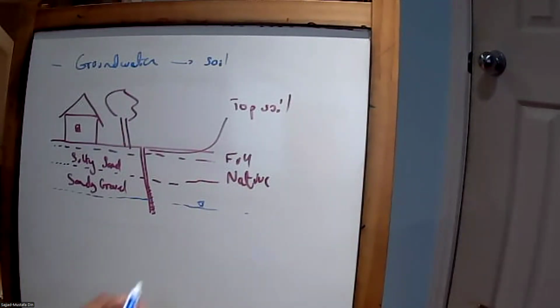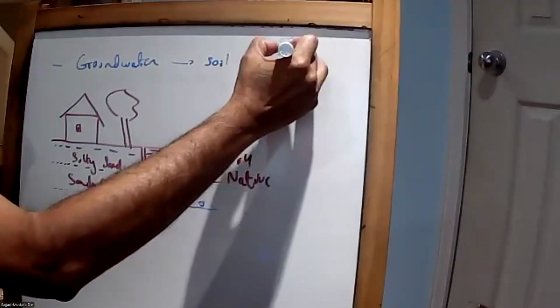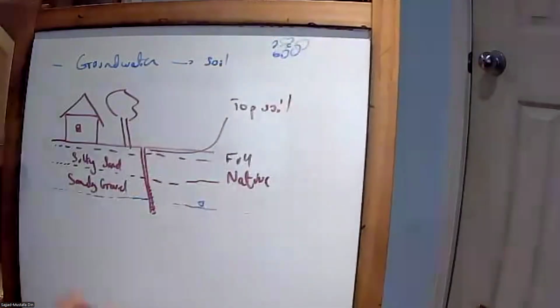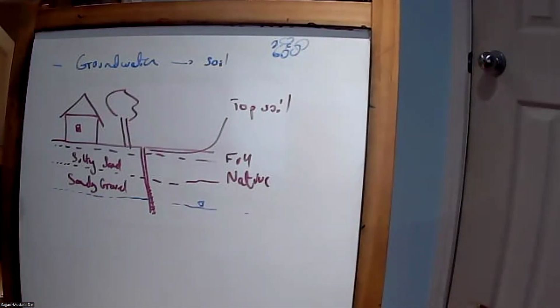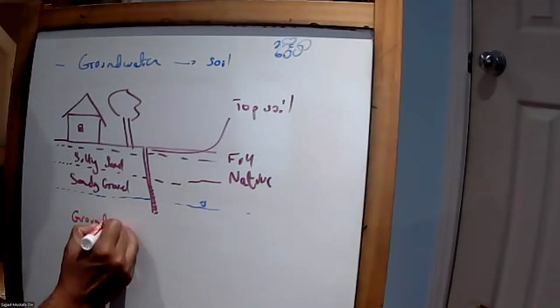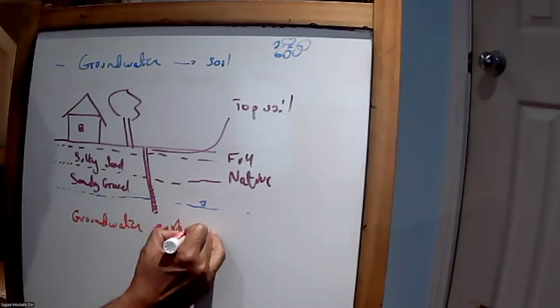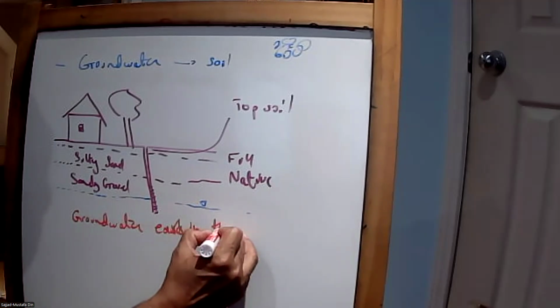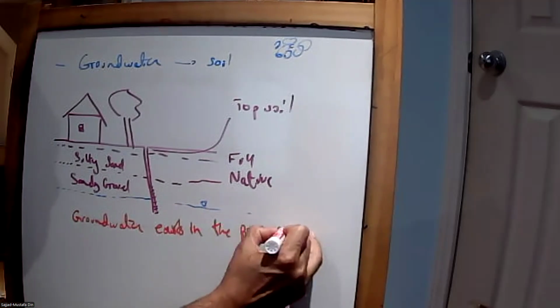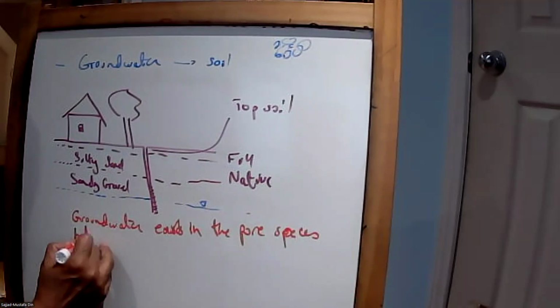And where does it exist? Well, if you've got soil particles, there are pores between the soil particles. So groundwater basically exists, I'll write this in red, groundwater exists in the pore spaces between the soil particles.